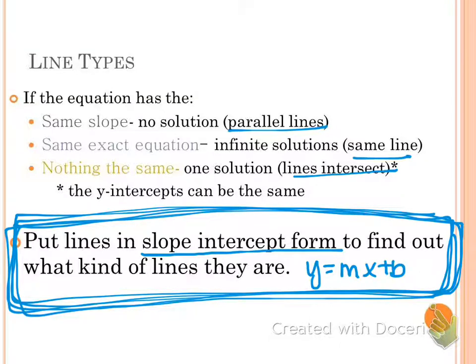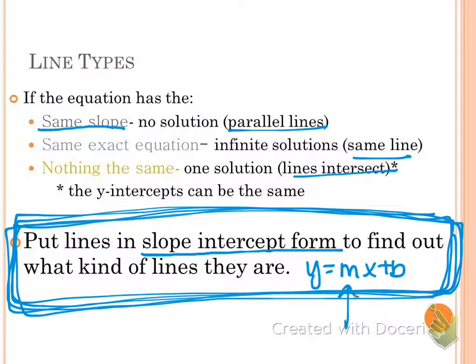Okay, I know that m is my slope, b is my y-intercept, and those will be numbers, you won't ever actually see an m or a b in an equation, okay? So, if I put it in slope-intercept form, I can figure out what type of lines they will be. First of all, once I put it in slope-intercept form, if they have the same slope, what letter in y equals mx plus b is the slope?